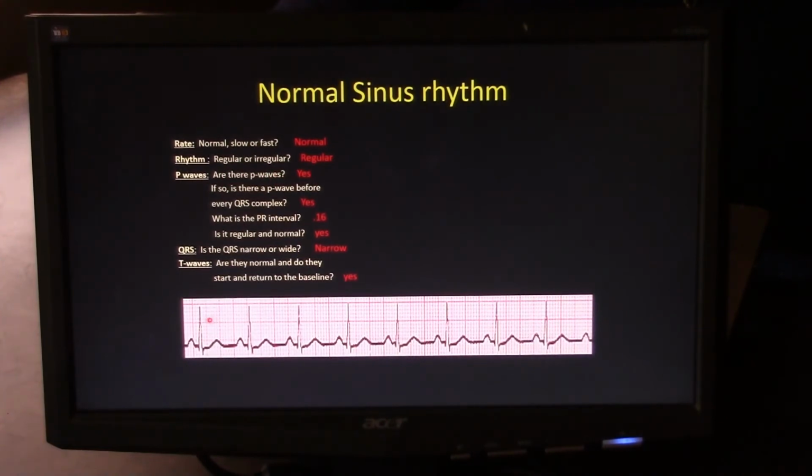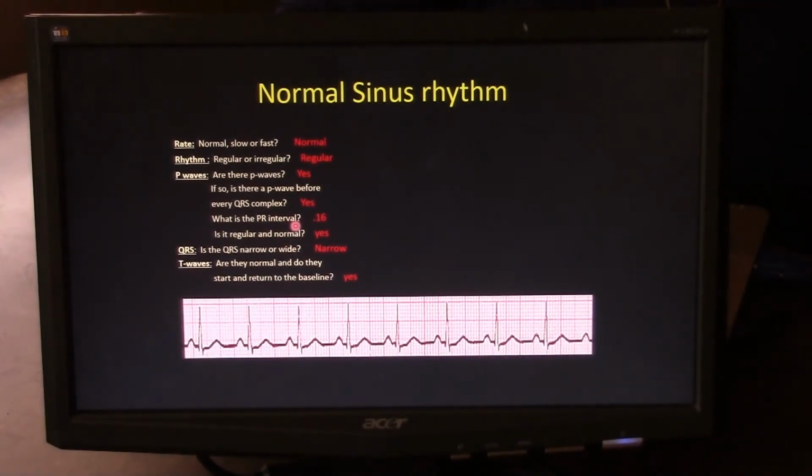You can either buy a set of calipers and keep them with you, or you can take a piece of paper, hold it below this rhythm strip, put a little mark here, and a little mark there, and a little mark here, and then march it down the strip. And if the lines fall in line with the QRS complexes, guess what? It's regular. Are there P waves? Yes, there are. Those are normal and round, and they precede the QRS complex.